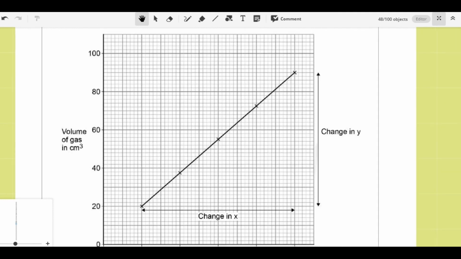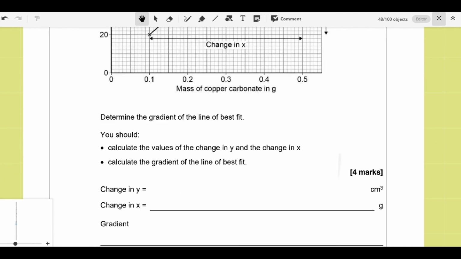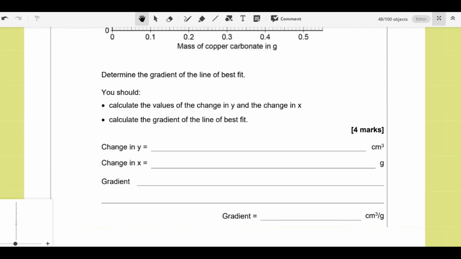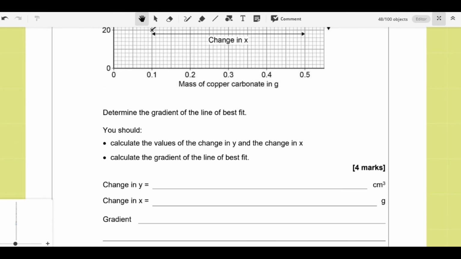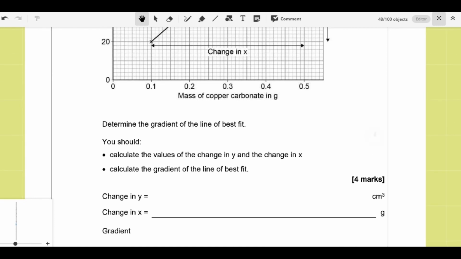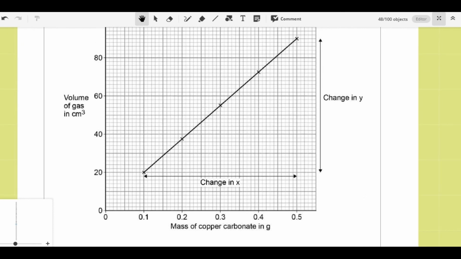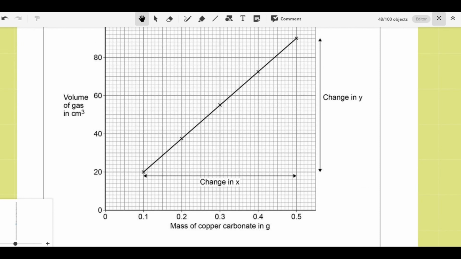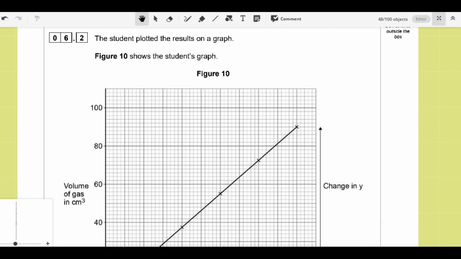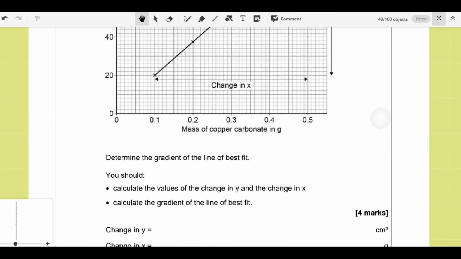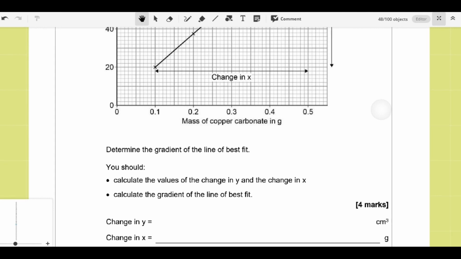Next, here the graph. Now you should calculate the values of the change in y and change in x. Calculate the gradient of the line of best fit. So first, change in y, you can see here, and change in x as well.